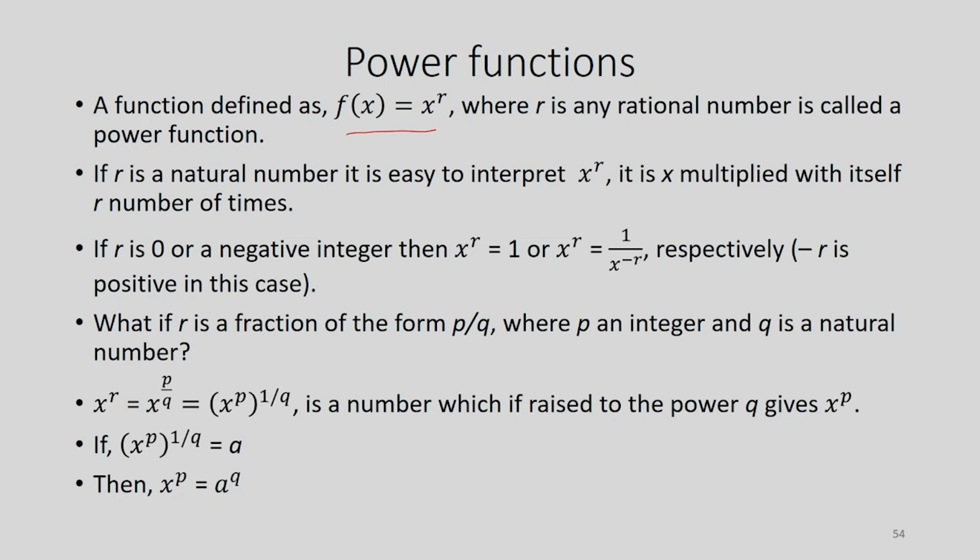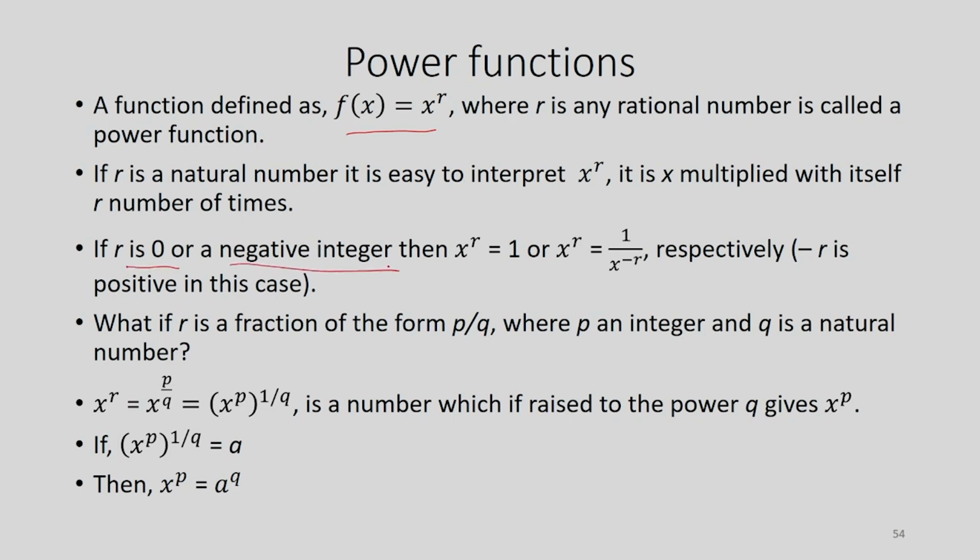So, x to the power, let us say 5, that is equal to x multiplied with itself 5 times, that is x to the power 5. So, as long as r is a natural number, then there is no problem of interpreting x to the power r.